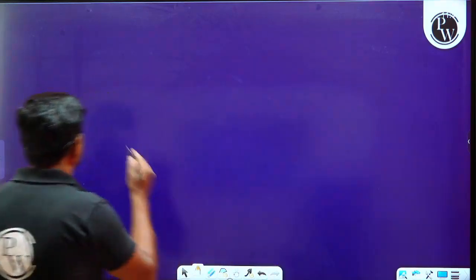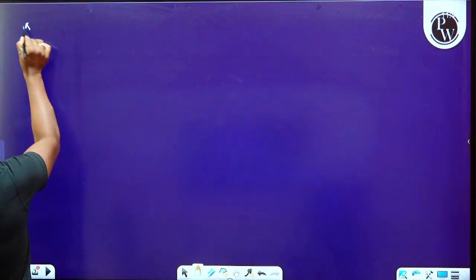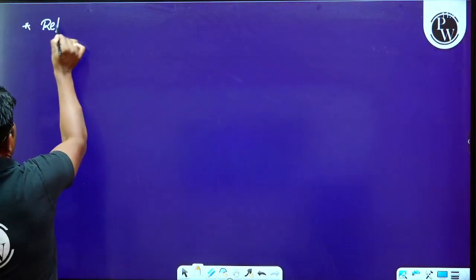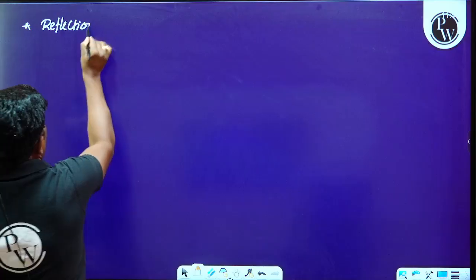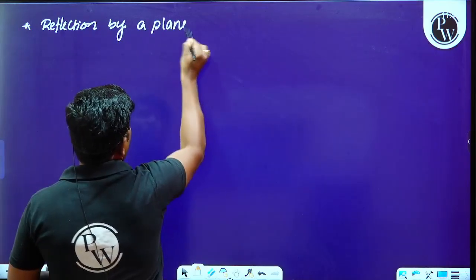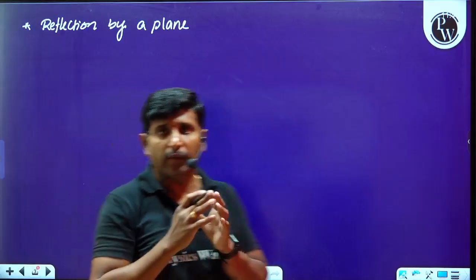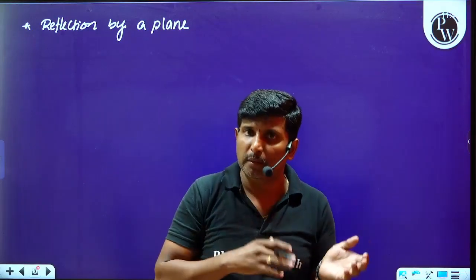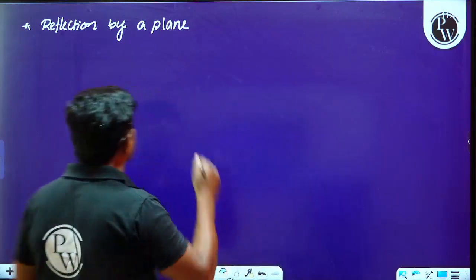Let us understand the first topic, reflection by a plane mirror. Mirrors are classified into plane mirrors as well as spherical mirrors.